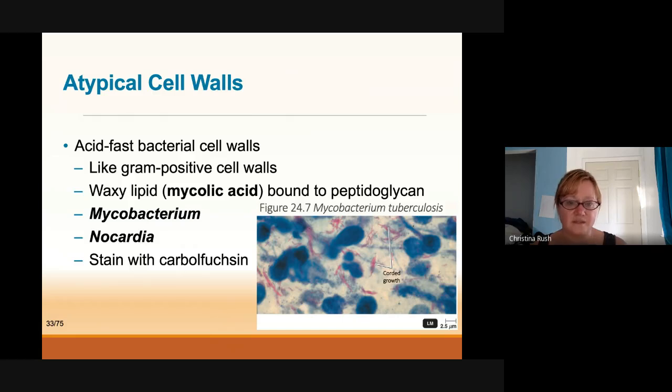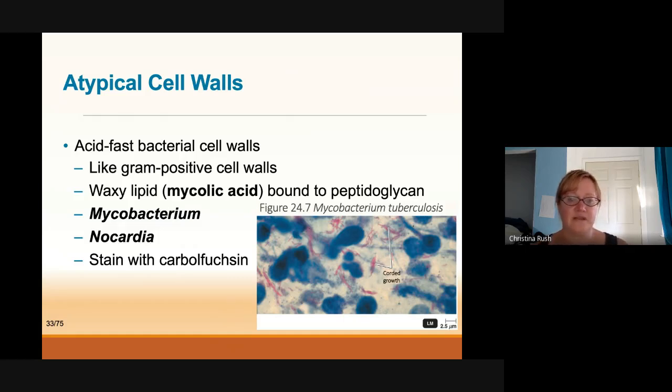They don't have a lot of lipids, but they do have one particular lipid, and that is our waxy lipid mycolic acid. And this is bound to the peptidoglycan in such a way that we use a different stain for them. And these are the Mycobacterium and the Nocardia.